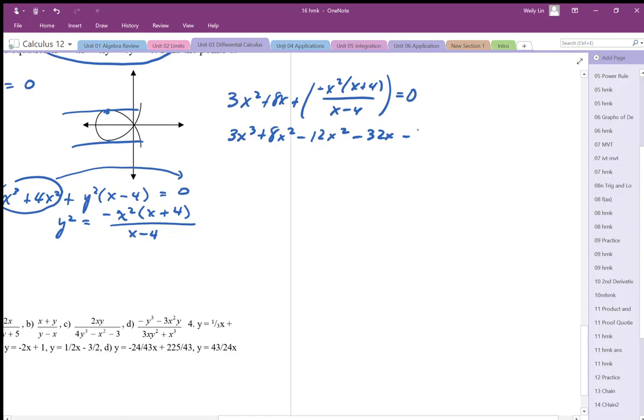I'm going to have to group like terms, so I'm going to multiply that bracket out: negative x cubed minus 4x squared equal to 0. Combining like terms, I get 2x cubed minus 8x squared and minus 32x, equals 0. Factor and solve.